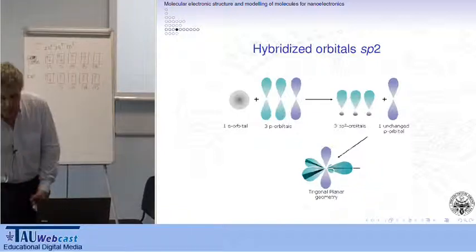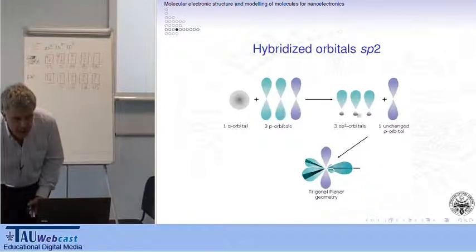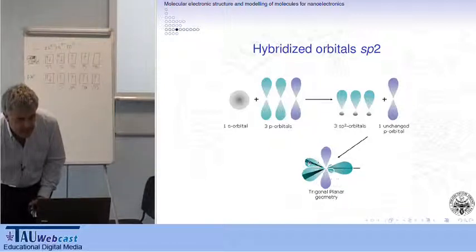If you remember, in the form sp2 we have one unchanged p orbital, pz, that is in this direction. But the other ones, the 3 sp2 orbitals, are on the same plane. So 1, 2, 3, and they lie on the same plane. The pz orbital is in the orthogonal direction.